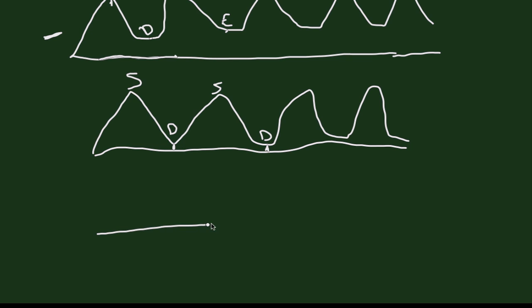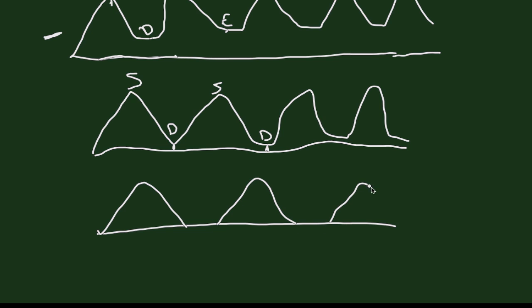As placental dysfunction worsens, you can actually start to see absent end diastolic flow. And further worsening of placental function can actually demonstrate reversed end diastolic flow.